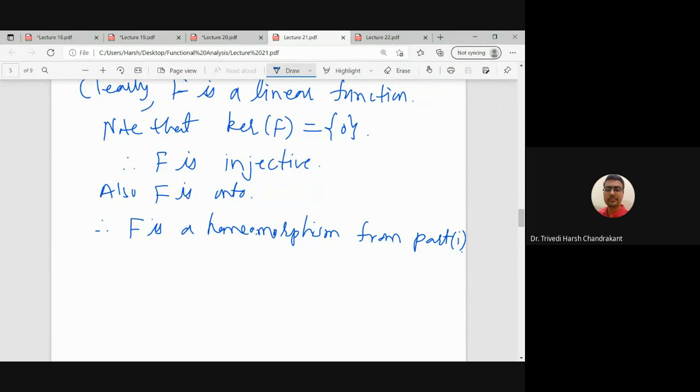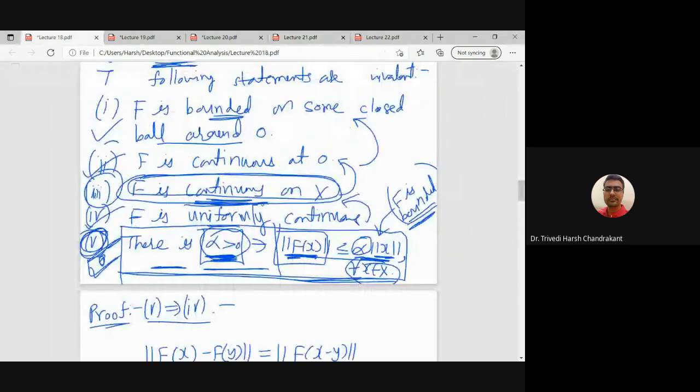And once we have a homeomorphism, we can say that there exist alpha and beta, again using this property, right?